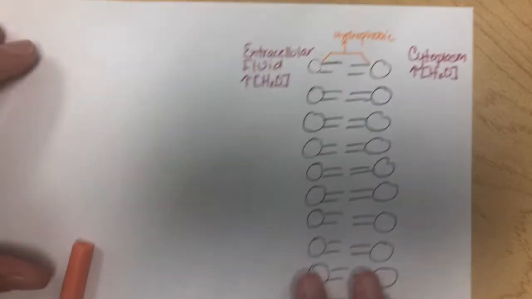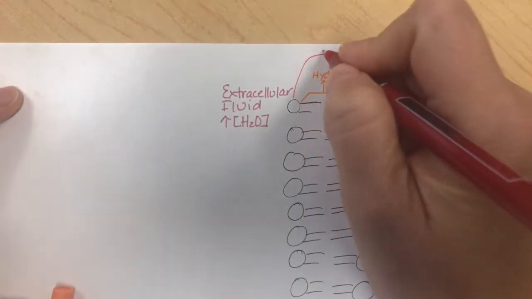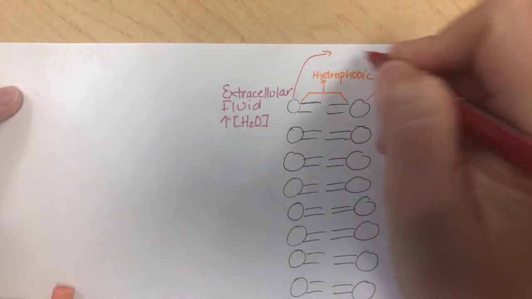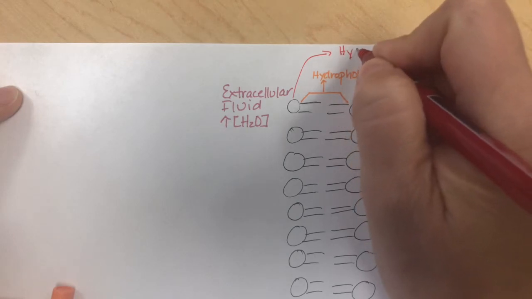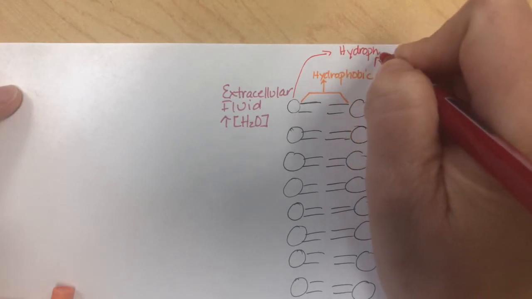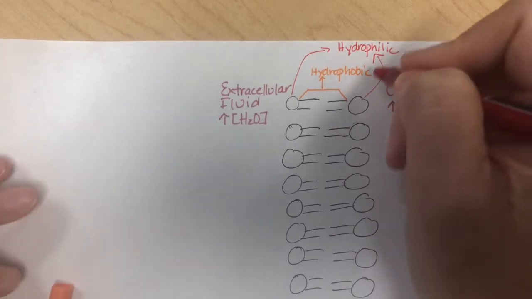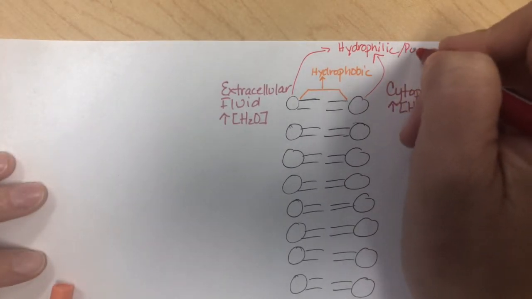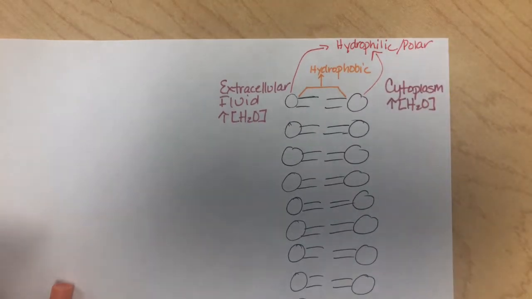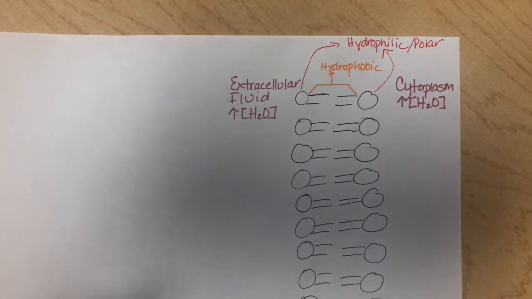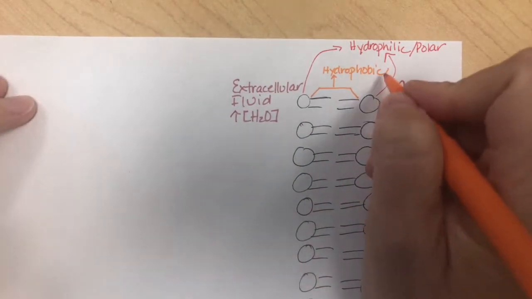And these guys are hydrophilic, where they're facing towards the water. Another way to say this is we could say they're also polar. We could say the hydrophobic is also nonpolar.